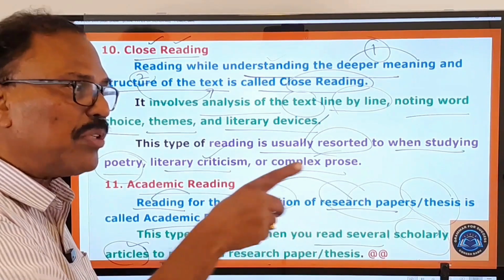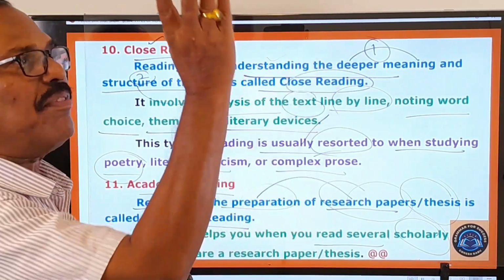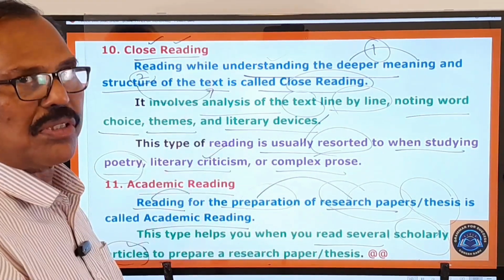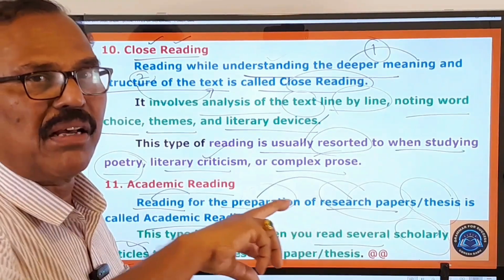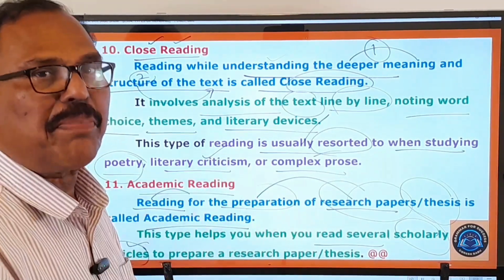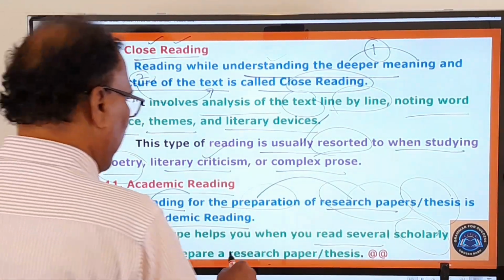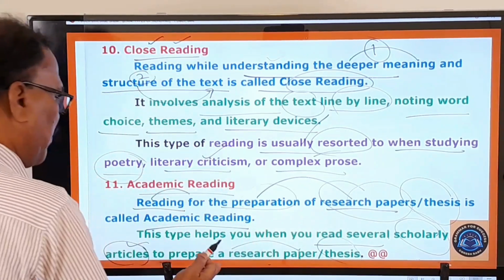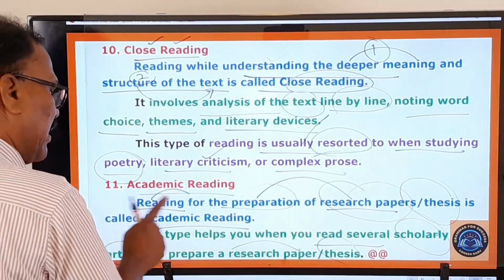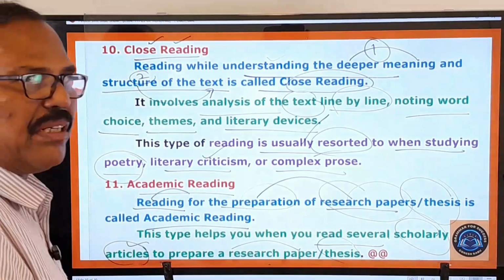You have to go through all of them and take down the notes, because you are supposed to prepare the thesis or the research paper. If you read for that purpose, that kind of reading is called academic reading.